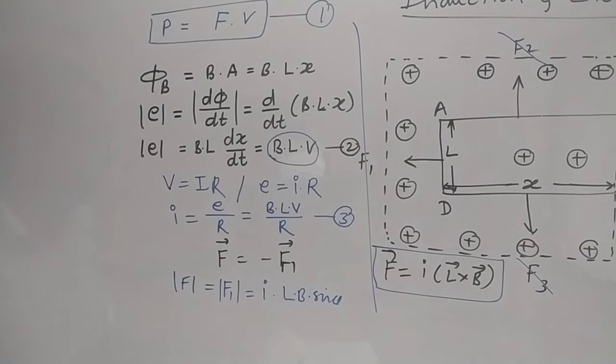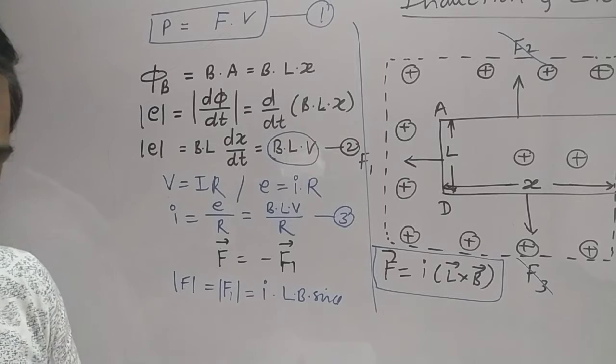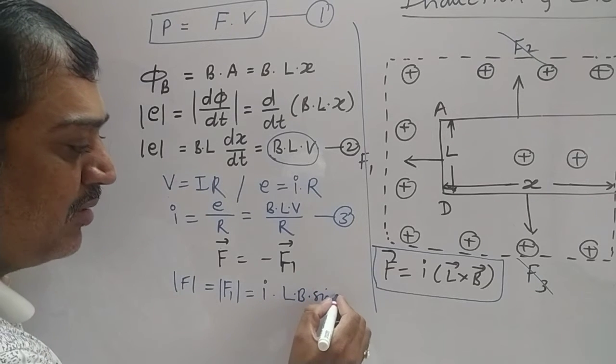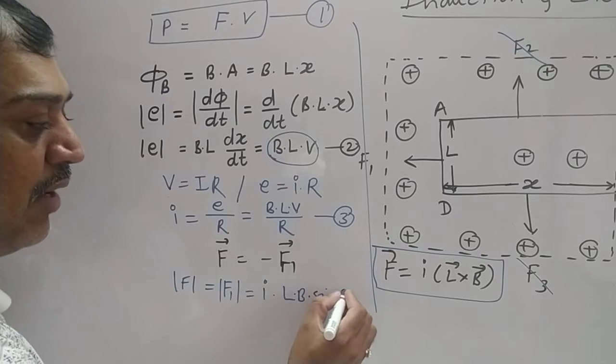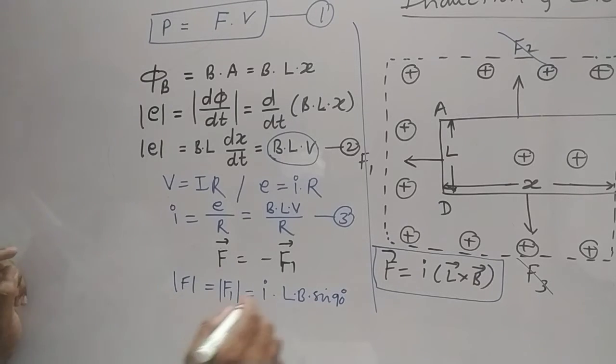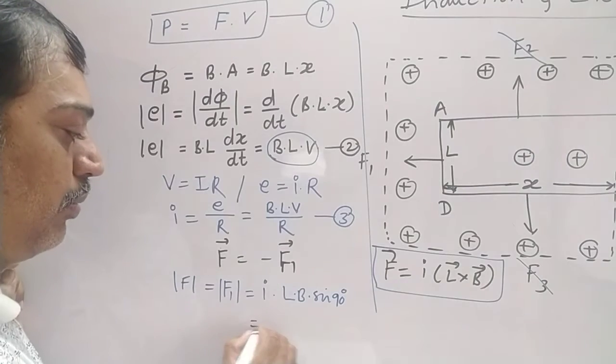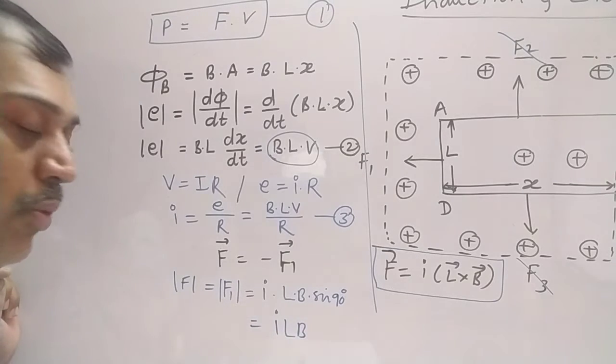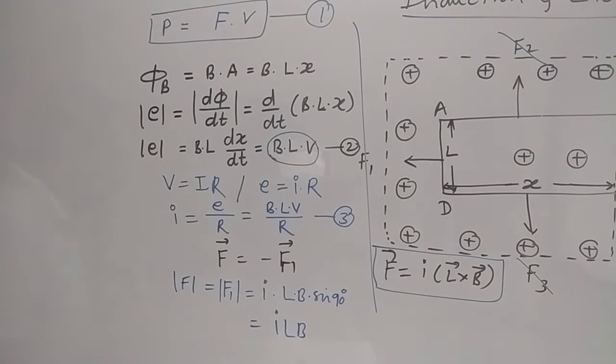Theta is the angle between L and B, and L and B are exactly perpendicular to each other, so sine theta means sine of 90, which is 1. So finally we can write F equal to F1 equal to I into L into B. That is the equation for forces F1 and F, which are exactly opposite to each other.